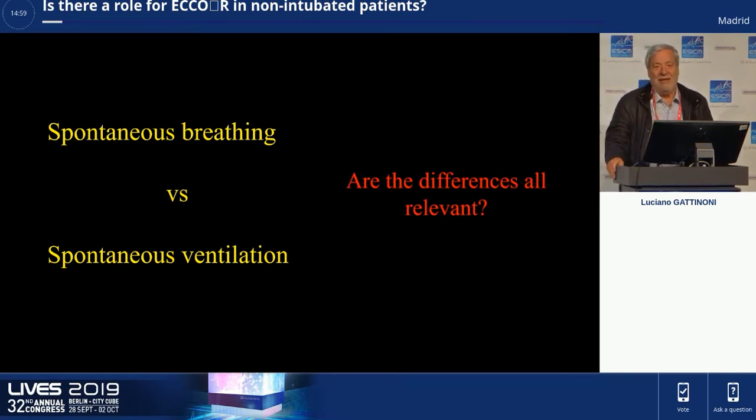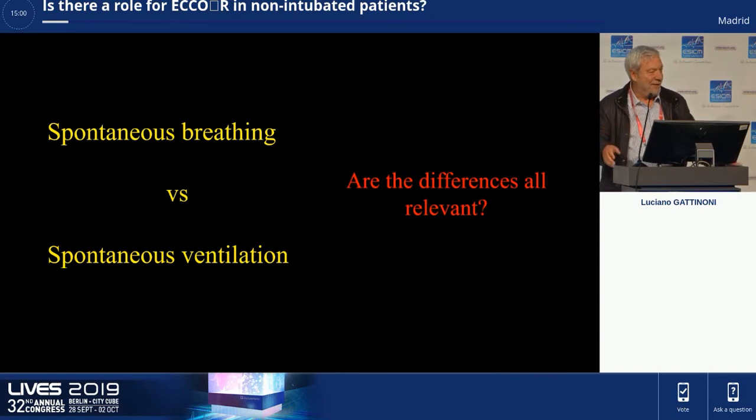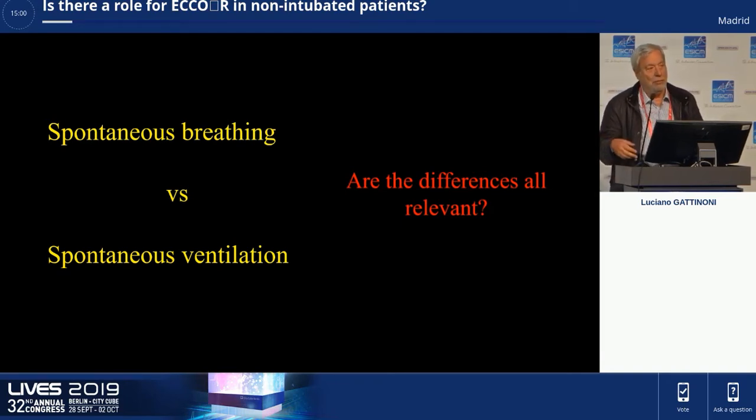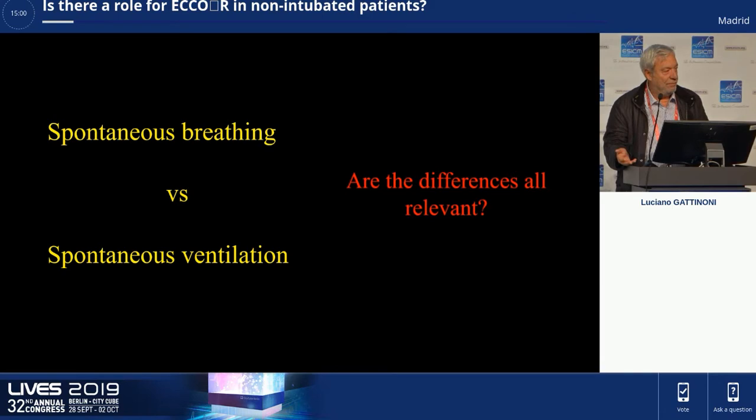Why? Because to maintain gas exchange. You use mechanical ventilation, whatever it is for, and we use spontaneous breathing plus, minus, some technical addition, to have a decent PO2 and PCO2, right?